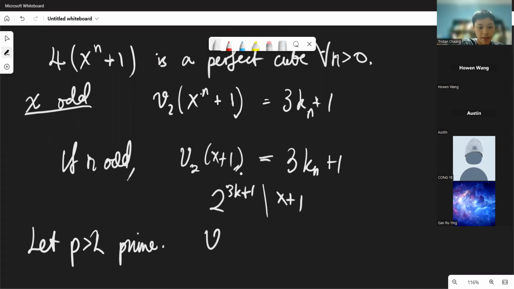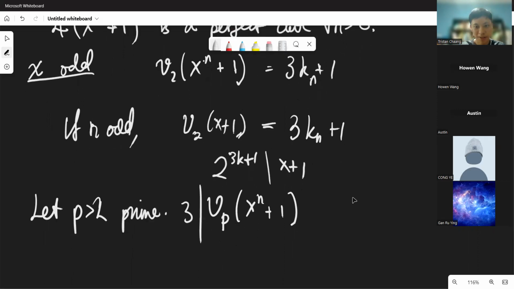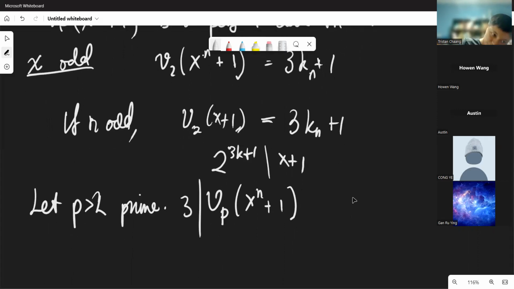So VP must be divisible by 3 for this to be a perfect cube. And then p is not 2, so the 4 doesn't matter. So VP of x to the n plus 1. Again, let's look at the n such that LTE is allowed. So for odd n, 3 must divide.